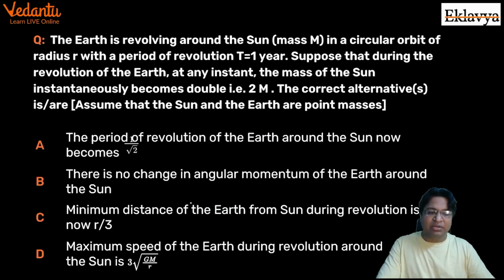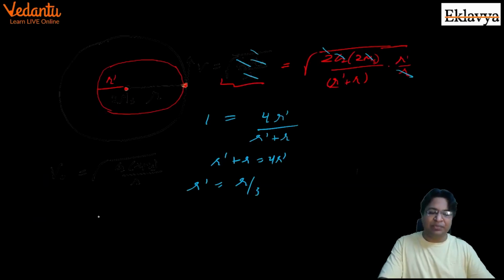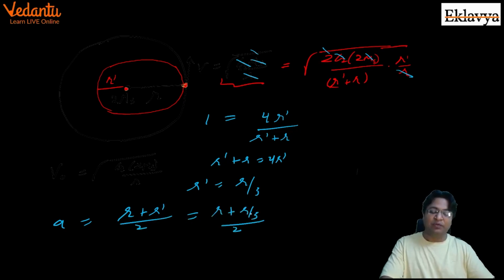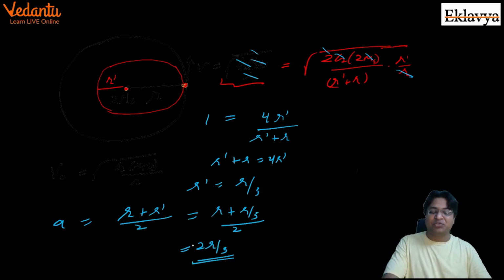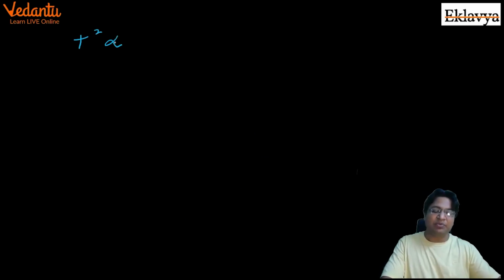Now the question is about the period of revolution, so we need to pay attention to the length of the semi-major axis. The length of the semi-major axis would be (r plus r dash) by 2, so that becomes (r plus r by 3) by 2, which is 4r by 3 by 2, so that's 2r by 3. Earlier, T square is proportional to the cube of the semi-major axis.